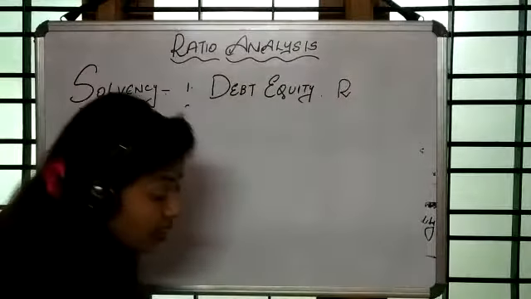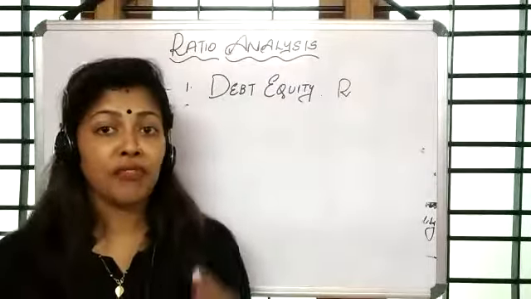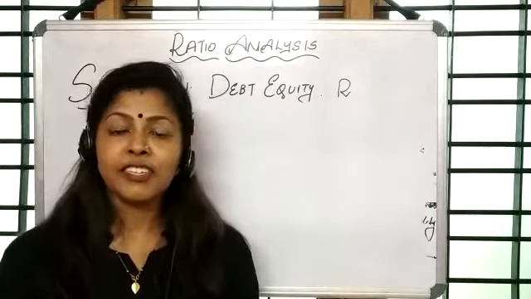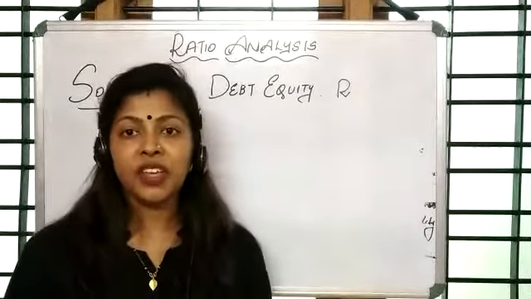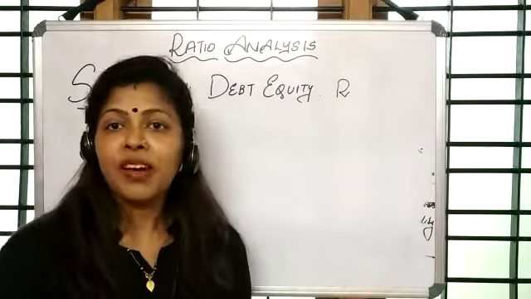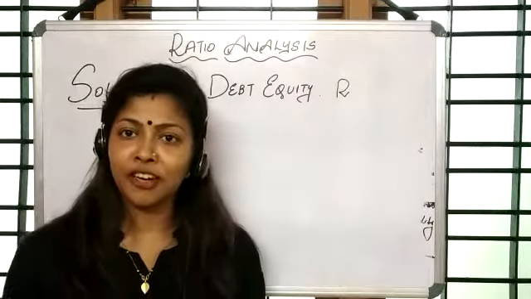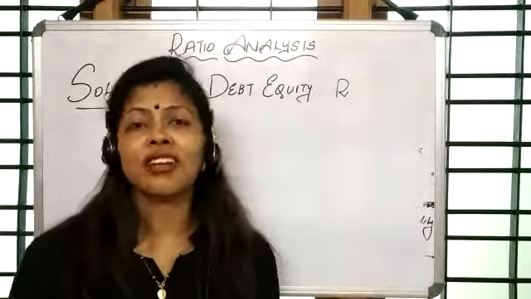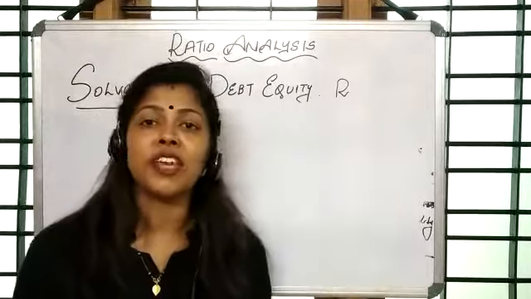So children, as we learned in our first session, relating to current ratio and liquid ratio, in debt equity ratio also, we are going to apply a formula. What is the formula for calculating debt equity ratio? It is very simple, children. From the term itself, we can find out the formula.